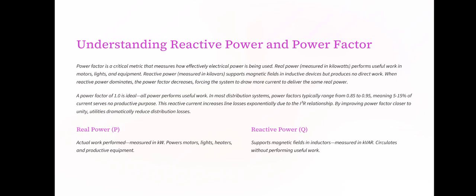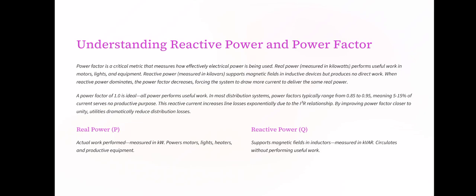In most distribution systems, power factors typically range from 0.85 to 0.95, meaning 5 to 15% of current serves no productive purpose. This reactive current increases line losses exponentially due to the I-square relationship. By improving power factor close to unity, utilities dramatically reduce distribution losses.